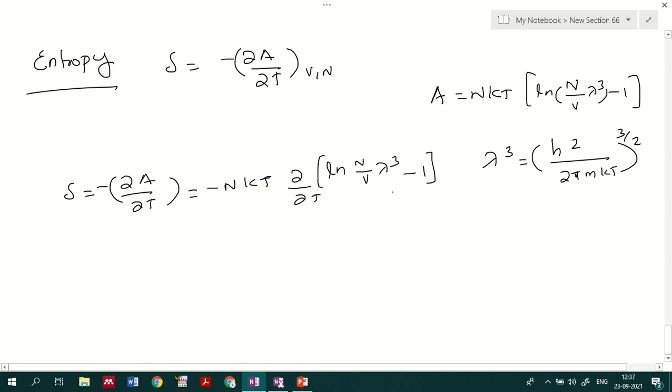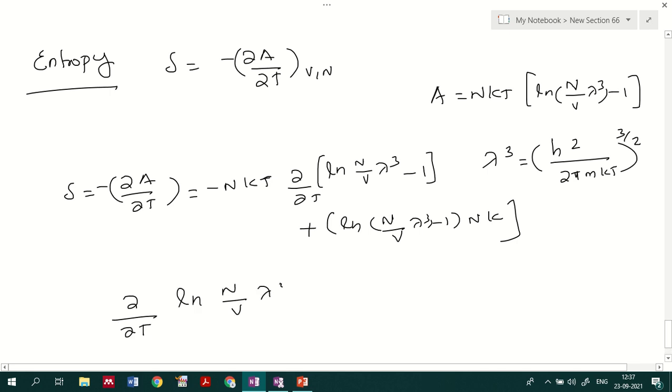Here there will be a plus as well, plus ln(N by V lambda cube) minus 1, into Nk will be there.